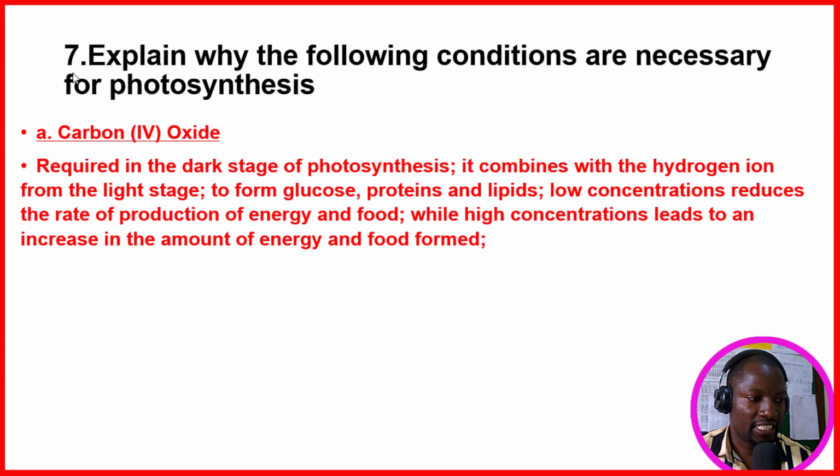Carbon 4 oxide is required in the dark stage of photosynthesis. Now, photosynthesis occurs in two phases or stages. We have the light stage, which we call the light-dependent stage. This is where the water molecules are broken down by light. That's why we call it light-dependent.